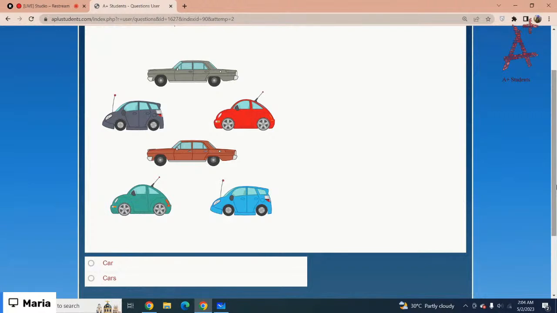Which is the correct option? Cars, they are more than one, so you have to add s. It is cars.